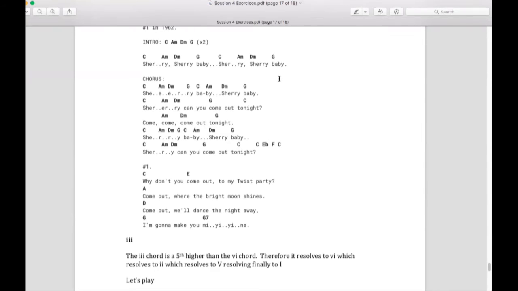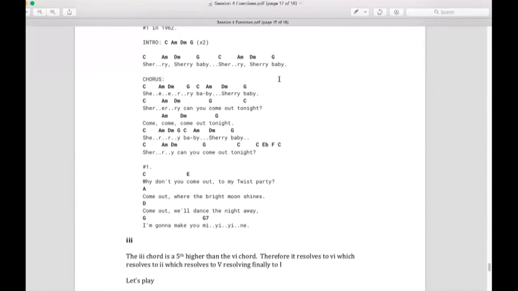Now E flat, F, C, why don't you come out to my twist party? Well, come out where the bright moon shines. D, come out, we'll dance the night away. G, I'm gonna make you G7 mine. We're back to the chorus. Sherry, baby. A, sherry, baby, sherry. D minor, why don't you come out tonight?